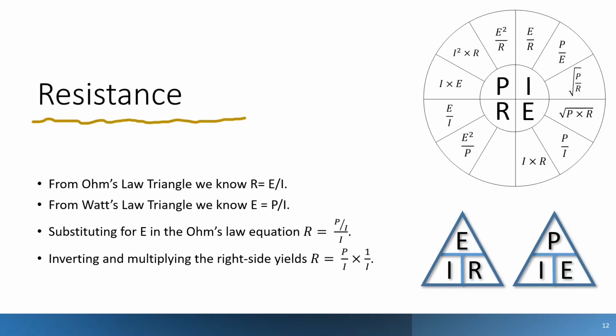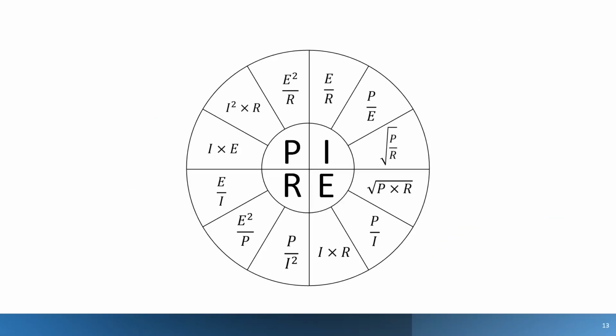So inverting and multiplying the right side equals P over 1 times 1 over I. So multiplying the numerators results in just the P for a numerator, and for the denominator we're going to get I times I, which is I squared. So therefore R equals P divided by I squared. And that is our last component here, and this is our Ohm's wheel.